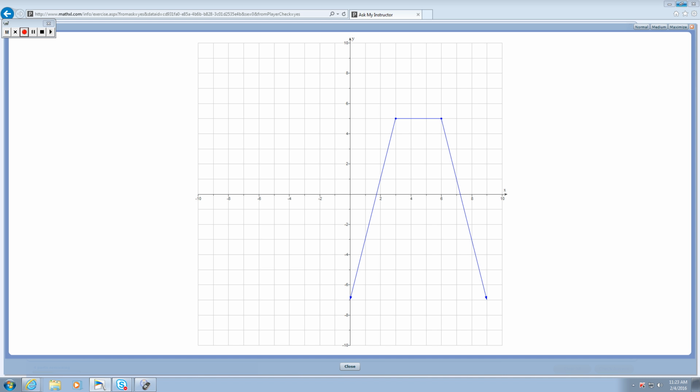One thing I'd like to reiterate on this problem is these guys right here. What are they? Arrowheads. Arrowheads mean that this function keeps on going and never stops.